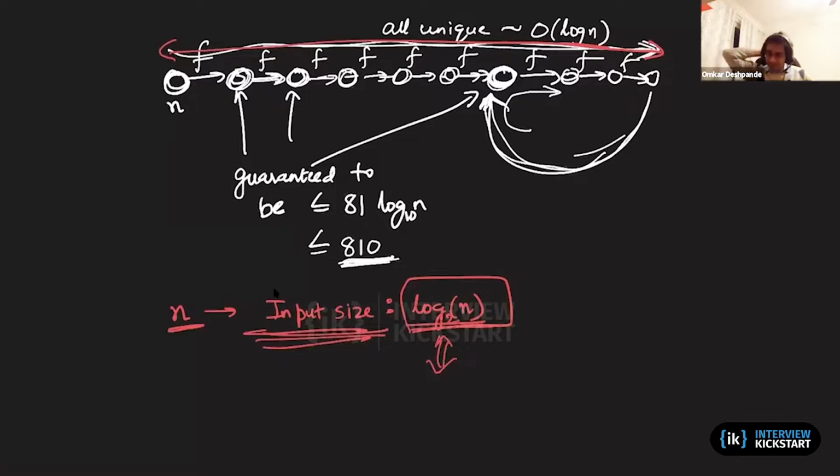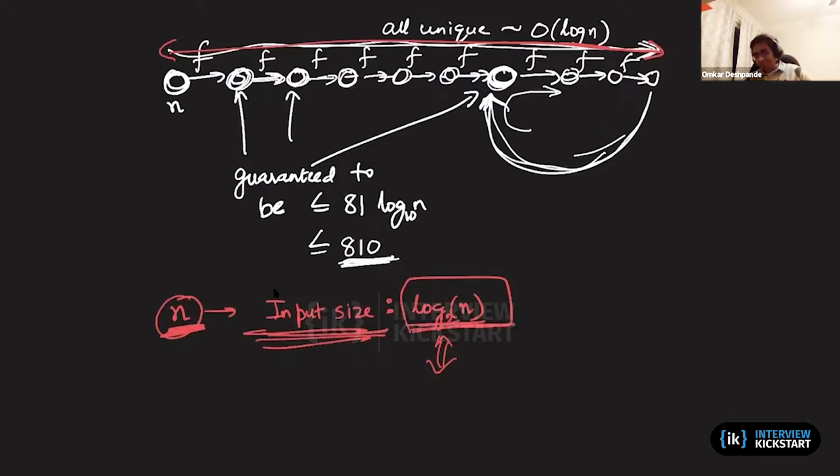Even though 800 might not look like a big value, theoretically it's significant, because the input size is log n. Using order log n space is like using order n space. The n here is just the integer we're talking about; its representation is of size log n.